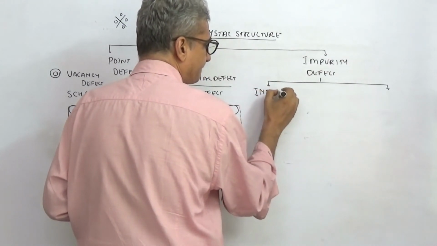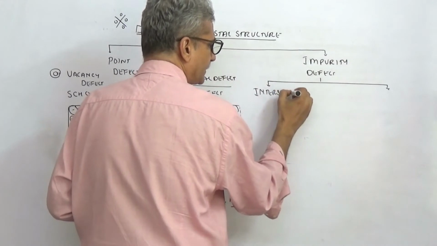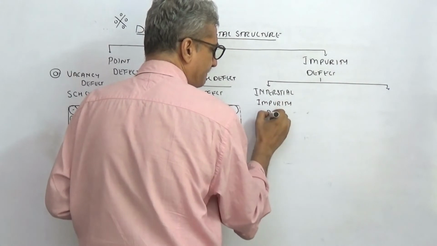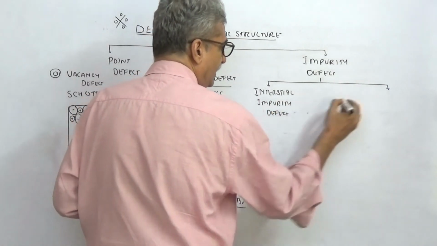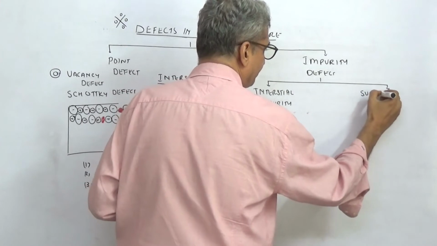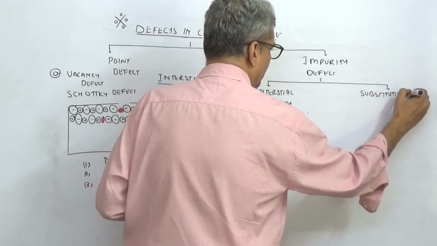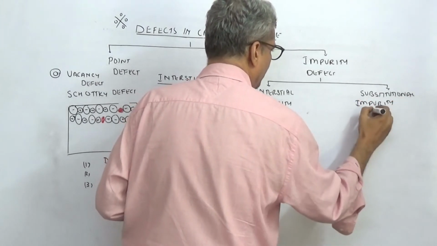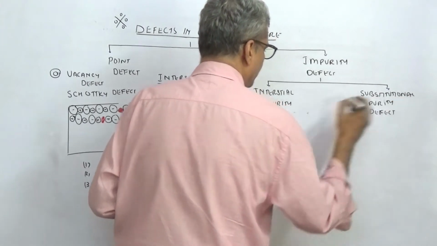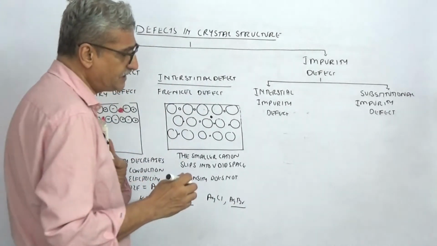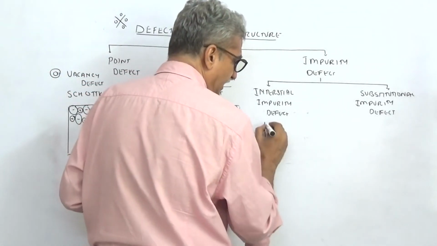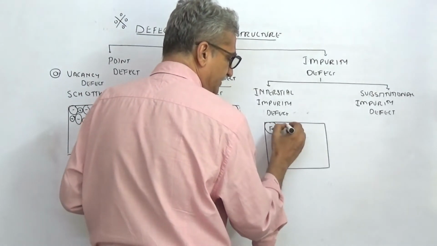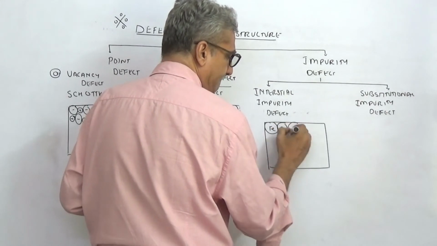Interstitial impurity defect. And we have substitutional impurity defect. Okay, what happens in this case is, suppose if we take iron, these are atoms of iron metal.